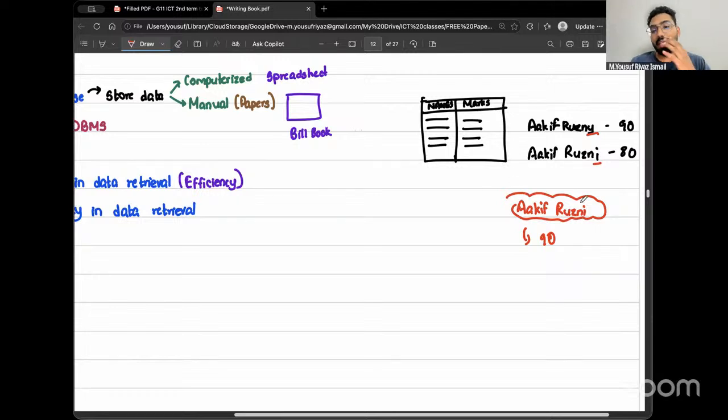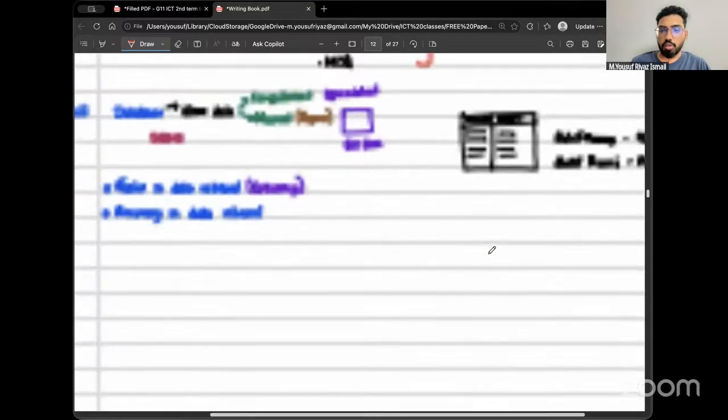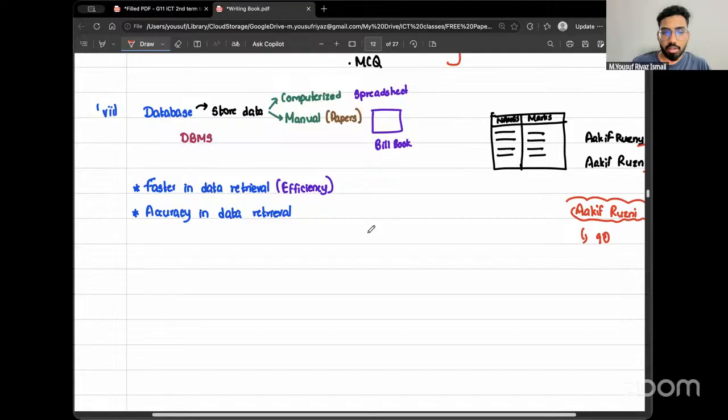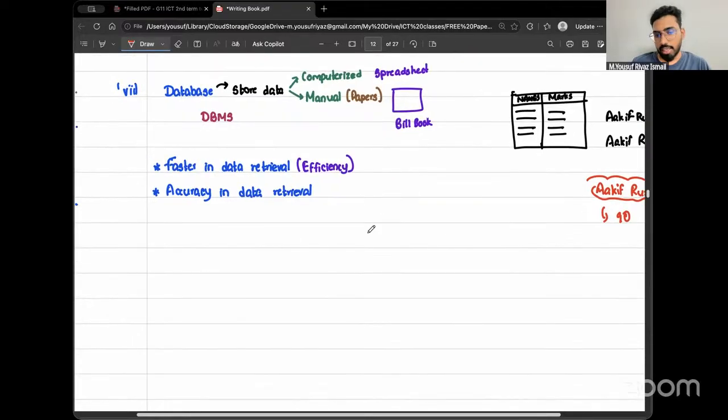Now, if you type the exact name properly, are there chances for the software to make errors? I'm not talking about humans, but is there possibility the software can filter and give the data wrongly? No. So when you're retrieving data, comparatively, in a computerized database the accuracy is also high. So these are two main advantages.